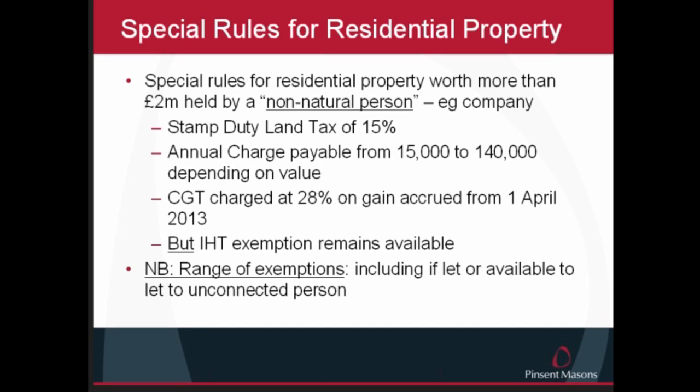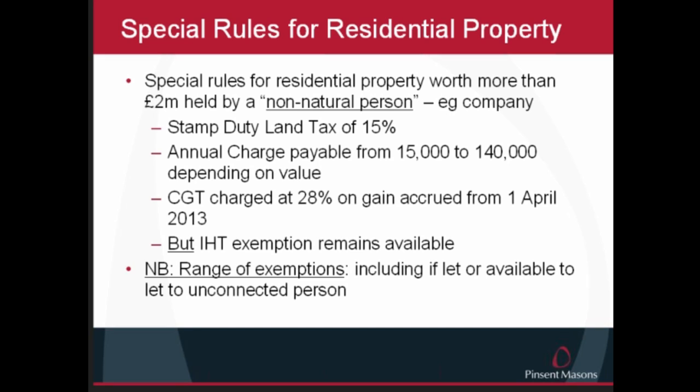You're also liable to an annual charge, which is between £15,000 a year and £140,000 a year depending on the value of the property. And I'll show you those bands in a second. You're also, for the first time, liable to capital gains tax. I mentioned before that non-resident owners of property in the UK don't pay capital gains tax.